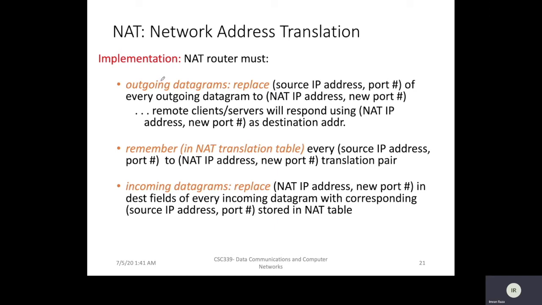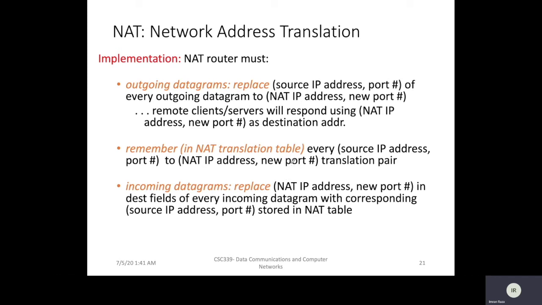So let's talk about the implementation. A NAT is a box function that replaces the source IP address and port number of every outgoing packet with the NAT IP address and a new port number, which is generated randomly. We'll see with the help of an example in a minute, right? And remember this, in this NAT translation table, every source IP address and port number is mapped to a NAT IP address and a randomly generated port number.